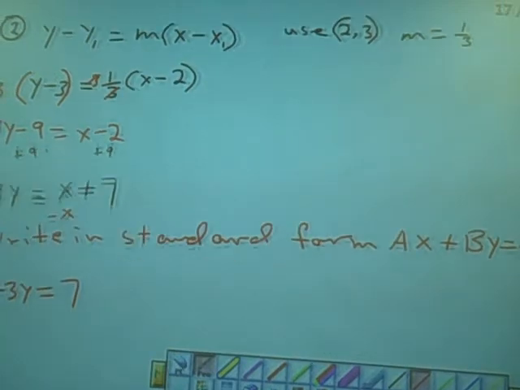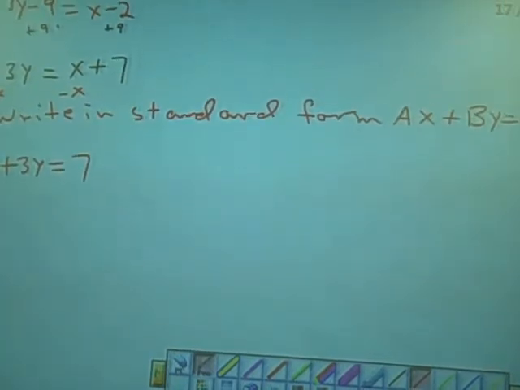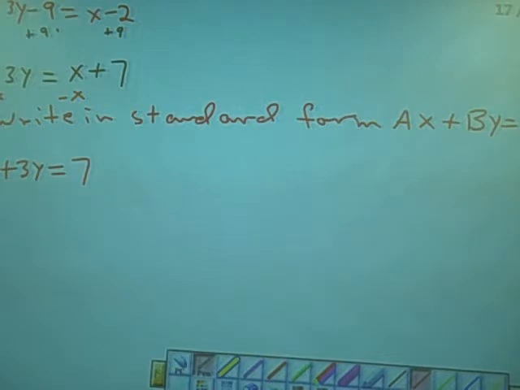So now if we want to plot it, at this point you would get a fraction if you plot it in slope-intercept form. Either way you're going to get a fraction.